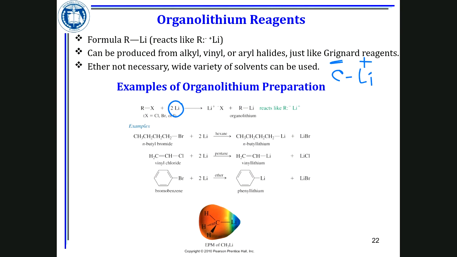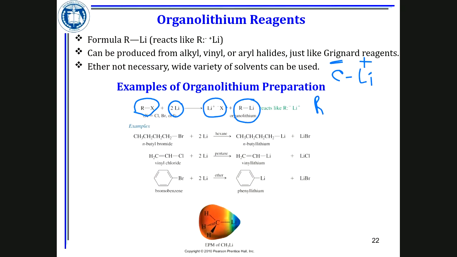How do you prepare this compound? You are going to start with an alkyl halide again, with either chloride, bromide, or iodide, and add lithium just like you were adding magnesium. But in this case, lithium is going to replace the leaving group. So you get the lithium halide, and then you just get RLi.